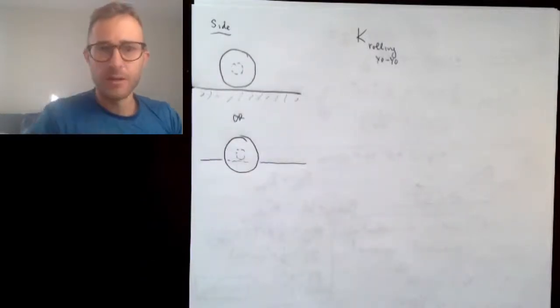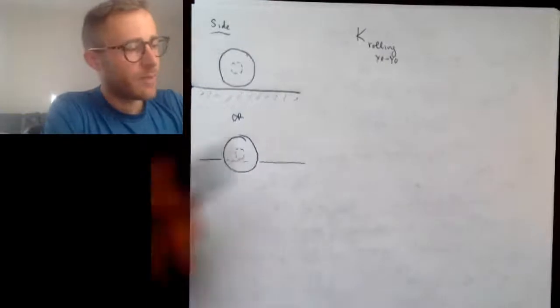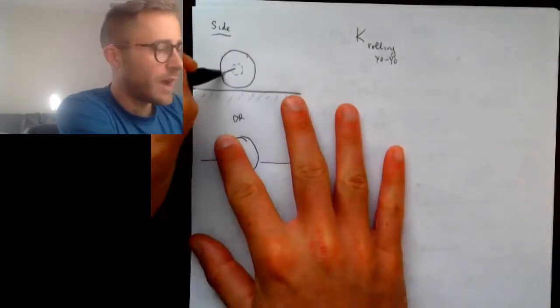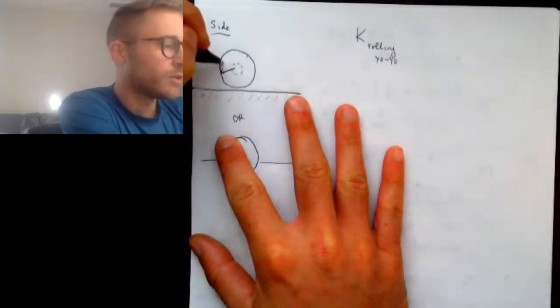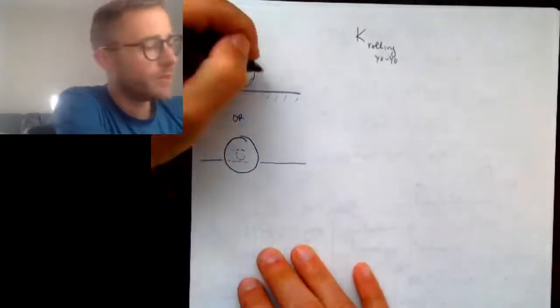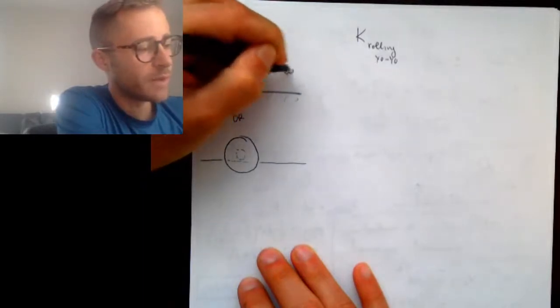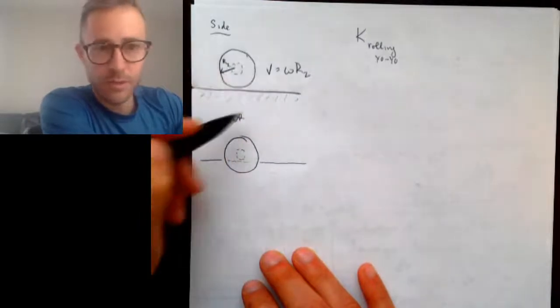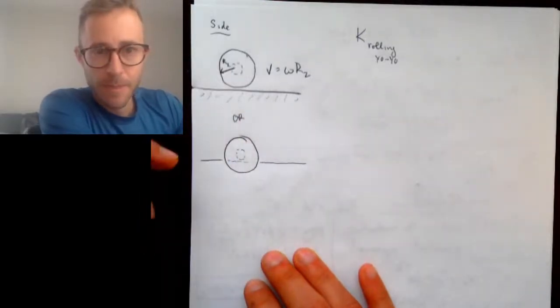So if we have this case, because the radius of the outer circle was r2, then we would have v equals omega times r2, because that is the circle that it is rolling about.